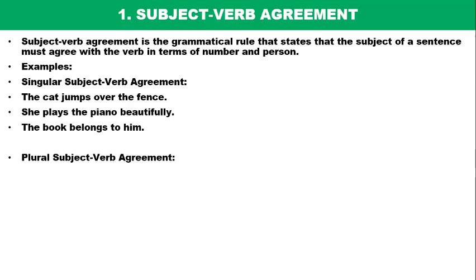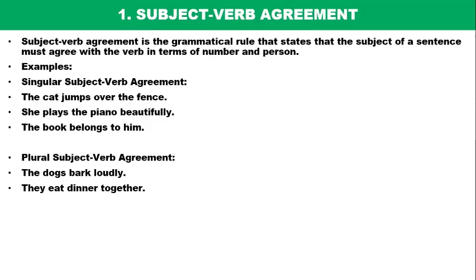And so this brings us to the plural verb agreement. Let's begin with the first example. The dogs bark loudly. Now the plural subject dogs agrees with the plural verb bark. The second example, they eat dinner together.